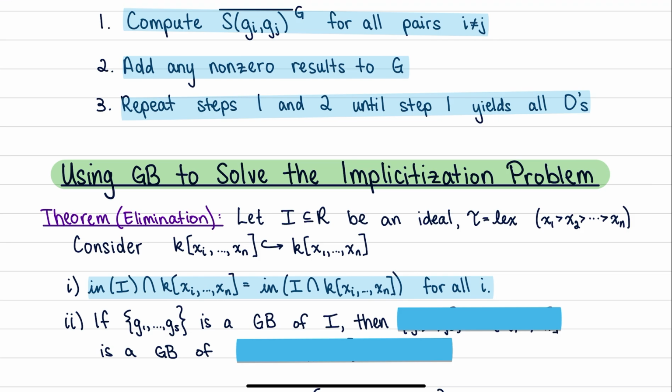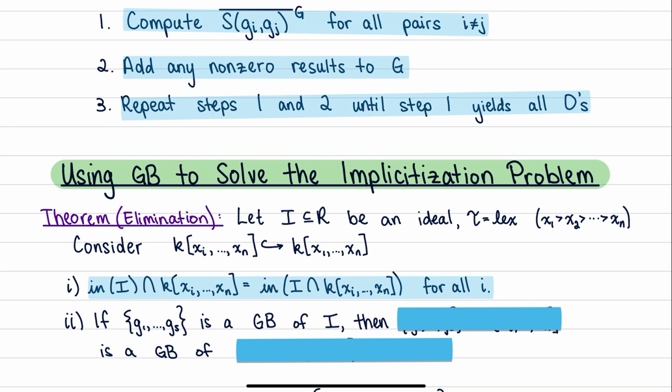That's the same thing as first starting with I, sending that back through, and taking the initial ideal downstairs. And that's true for all I. So I can throw out as many of the bigger variables as I want. I can do this in either order. I can take the initial ideal on this side and then go backwards, or I can go backwards first, take the initial ideal of what I get, and they are equal.